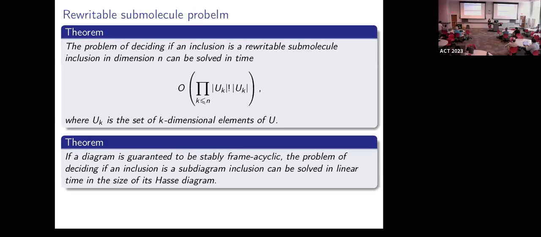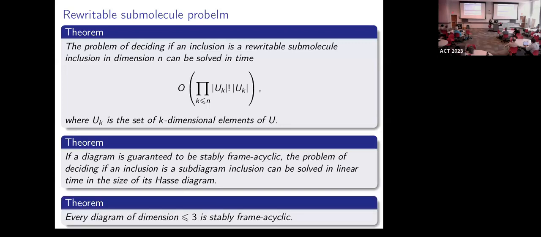So if the diagrams satisfy a condition that we call stably frame acyclicity, then the problem of deciding if an inclusion is a subdiagram inclusion can be solved in linear time in the size of its Hasse diagram representation. Again, when I say Hasse diagram representation, I mean it includes both the vertices and edges of the Hasse diagram. And finally, we get that every diagram of dimension less than or equal to 3 is stably frame acyclic. So the problem of higher dimensional subdiagram matching is feasible up to and including dimension 3.